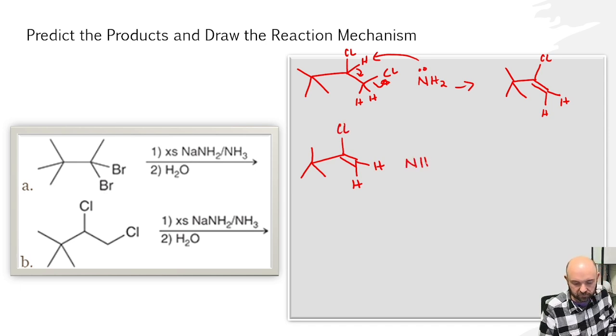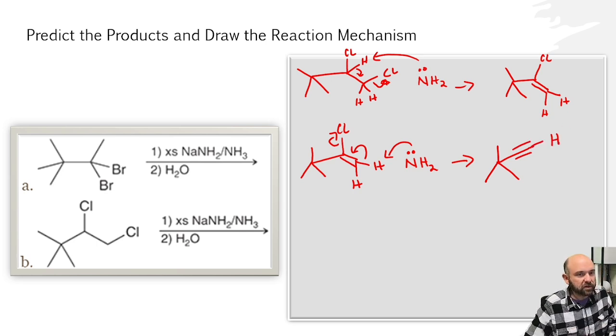Another base ion moves in, another proton transfer, another loss of a leaving group. Leaves us with the same molecule that we had in the previous step.